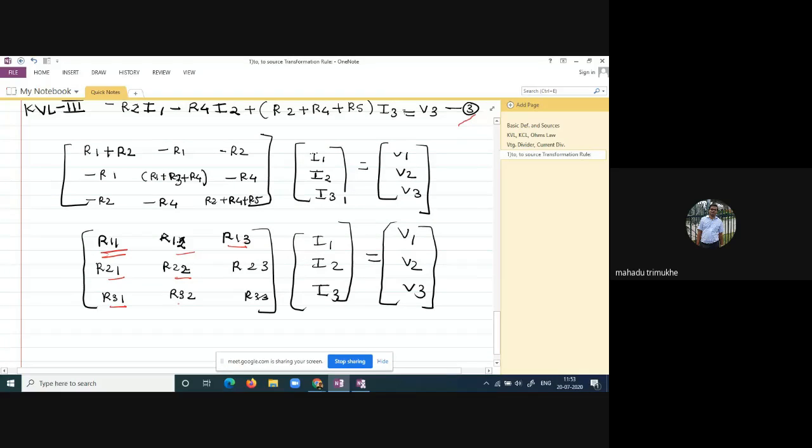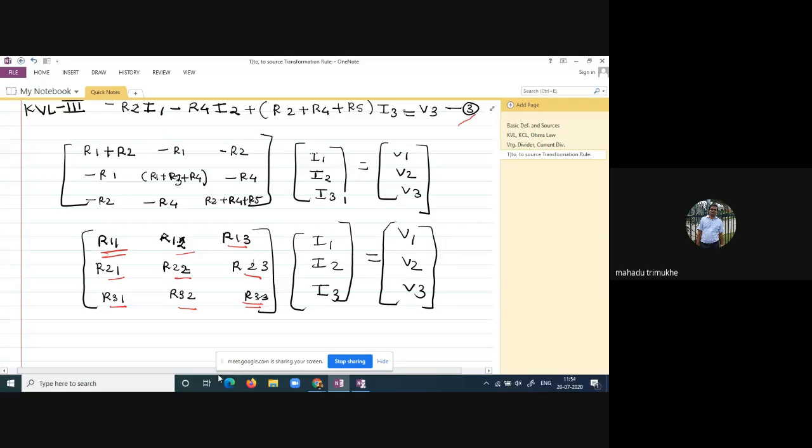R23 and R32 are the mutual resistance common to mesh 2 and 3. And R33 is the self resistance of mesh 3.